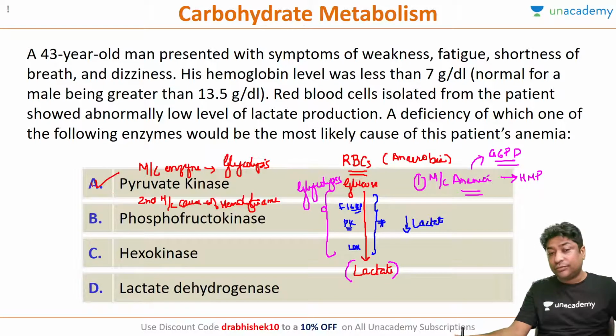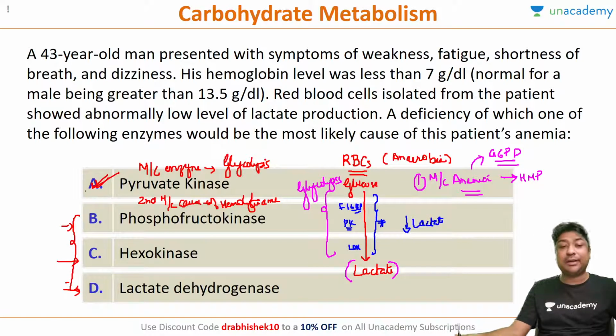Although the other enzymes can also lead to lactate deficiency, because all of them affect the glycolytic pathway, the answer is not just based on the low level of lactate, but on which enzyme is very common in a patient like this. Is this clear, everybody? Good.